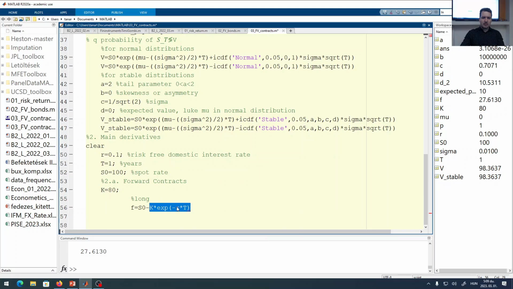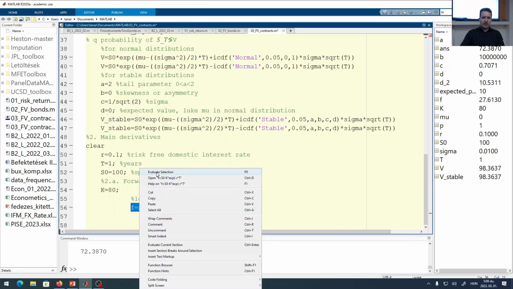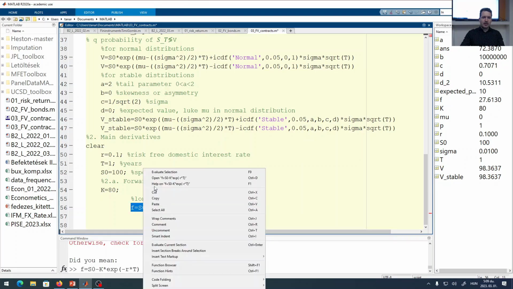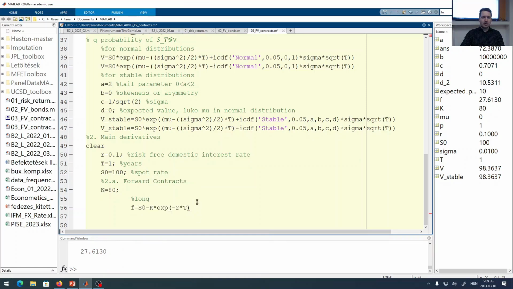So this is the value of this forward contract.